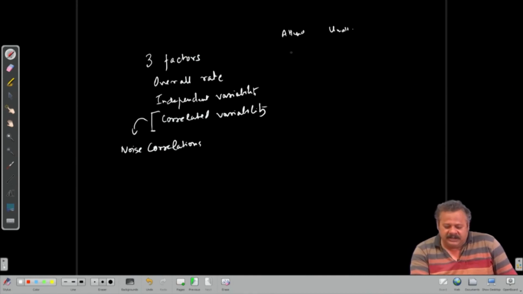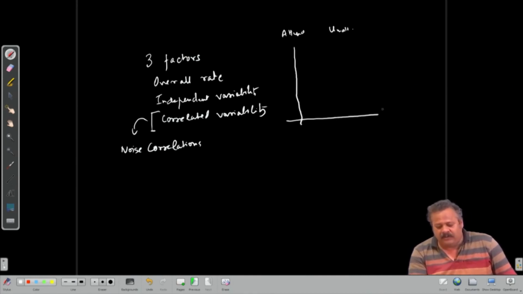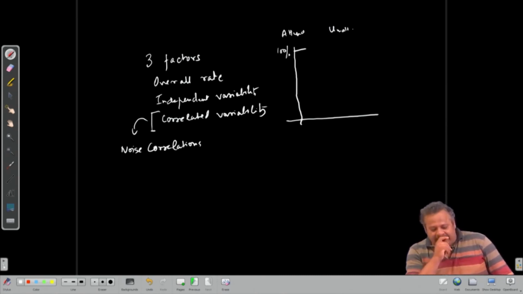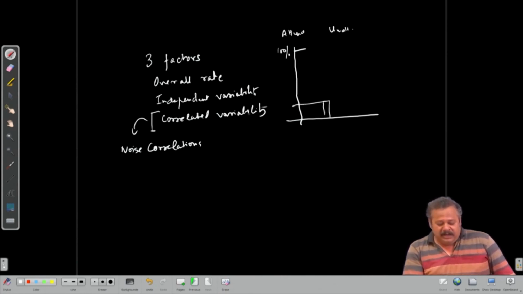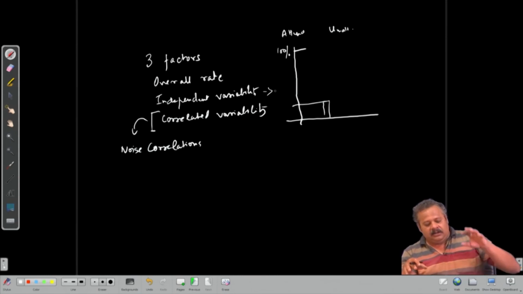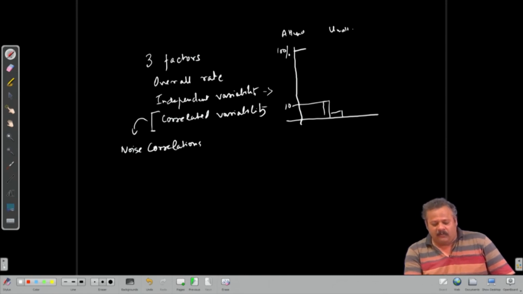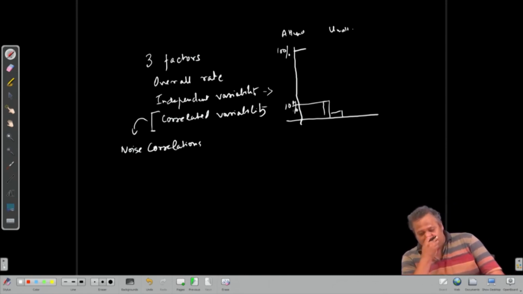What they found is that if the overall gain in performance is, let us say, 100%, then rate based gain could only explain like 10% of the overall gain. The independent variability, that is, you keep the independent variability intact, the rates and the correlated variability are randomized, and that only explains about 4% of the overall gain in performance.